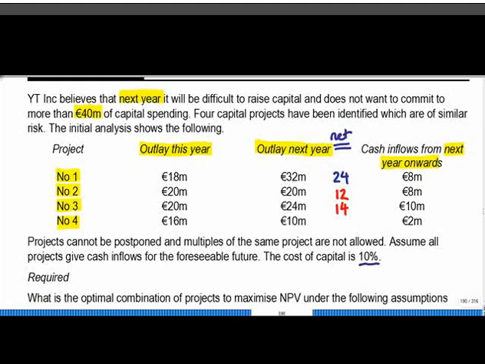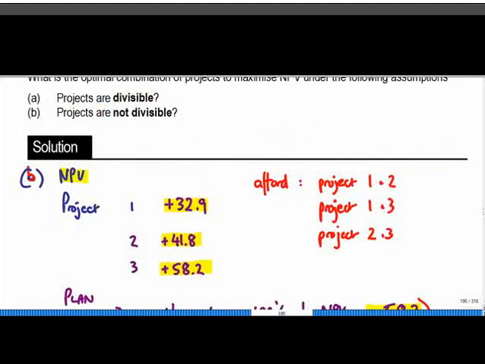So we just add together the NPVs. For project 1 and 2, the NPV would be 74.7. For project number 1 and 3, it would be 91.1. And for project 2 and 3, you've got the best NPV. So the plan would be to fund projects 2 and 3 only.